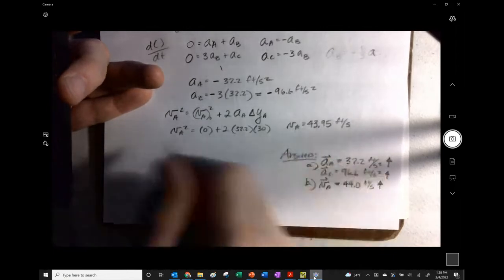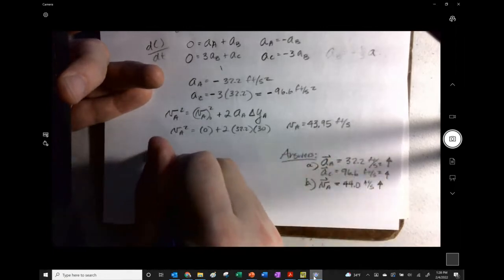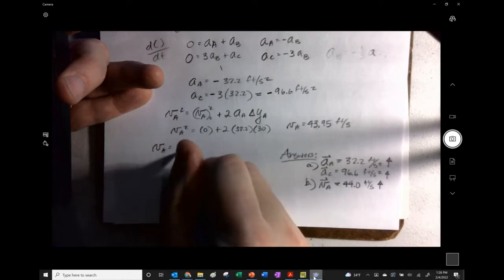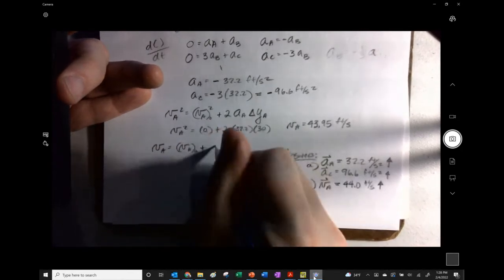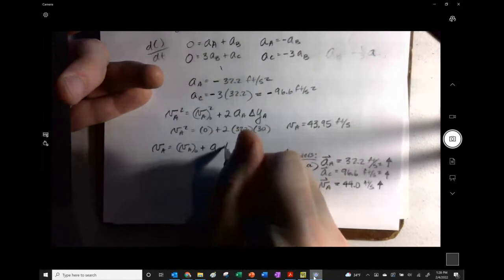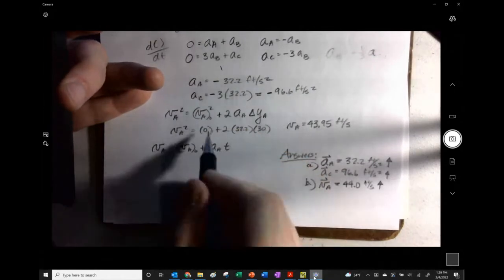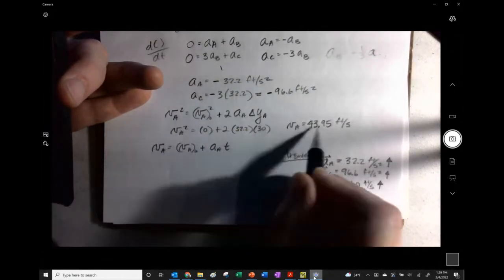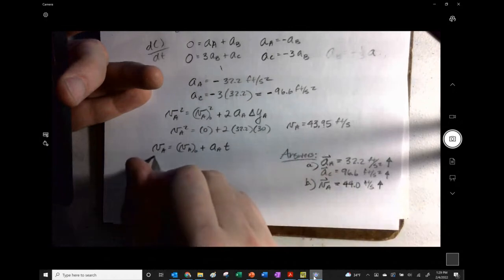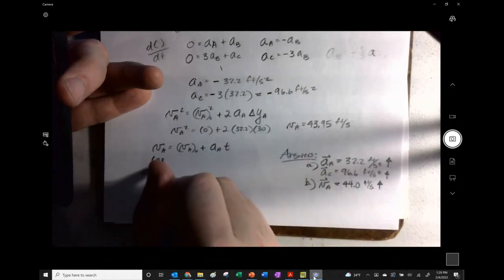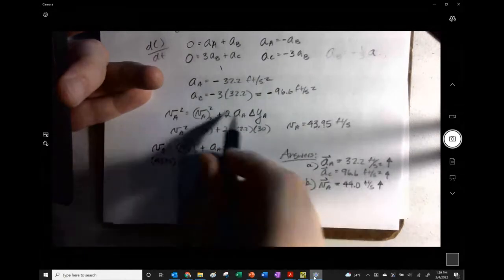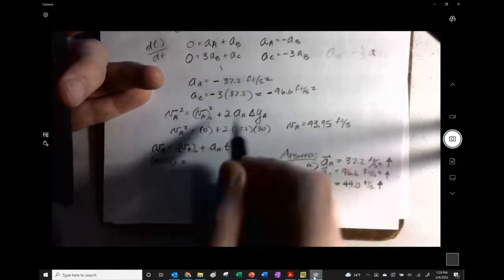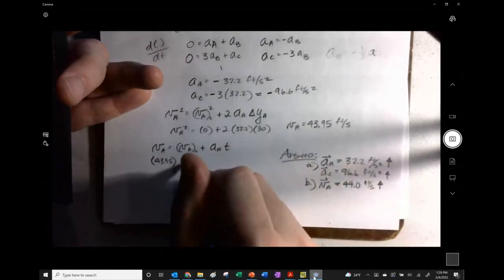But here, because we already have this velocity, we could say that VA is going to be VA naught plus acceleration of A times T, right? We could use that, the simple one right there, because we have that already. Could we also use x is equal to x naught plus vt? Yes. And we would not have had to go through this as an intermediate step.